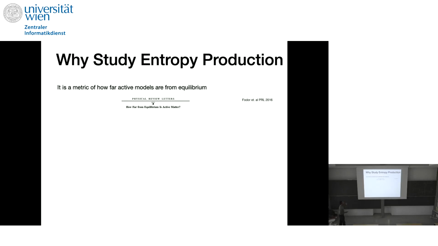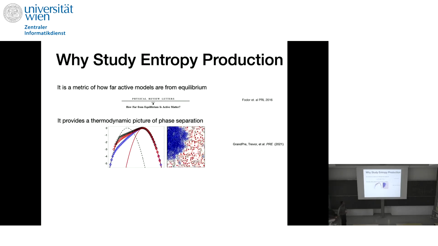So really quick, why even study entropy production? One reason is that it's a metric of how far you are from equilibrium. If it's 0, you know it's an equilibrium system. Another, which I'll be talking about, is that it provides a thermodynamic picture of phase separation and other dynamical phases.